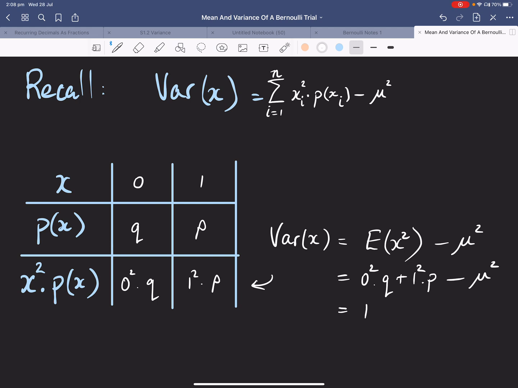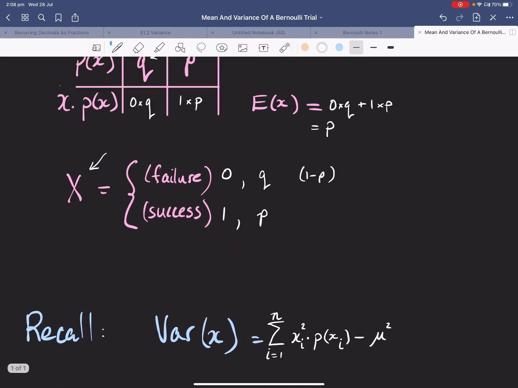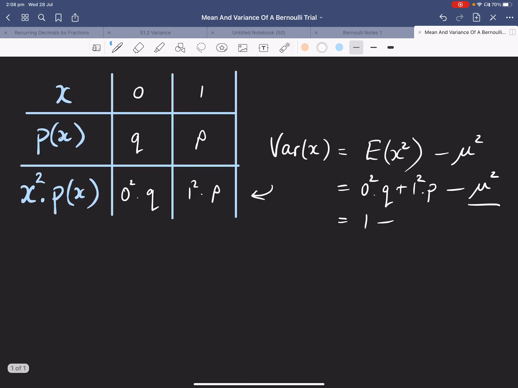That's going to give us 1 times P minus the square of the expected value, which we said was going to be P. Sorry, that's going to be P minus P squared, my mistake. Let's just fix that up. That really didn't make sense.